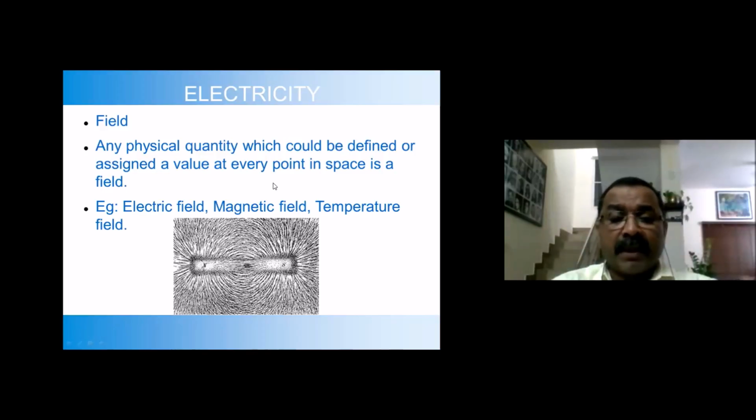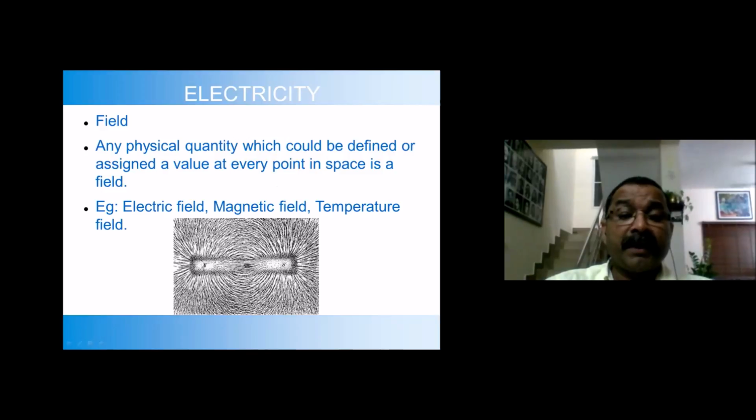As far as a magnet is concerned, there is also a field, and there are field lines. Uncle has given a picture here.